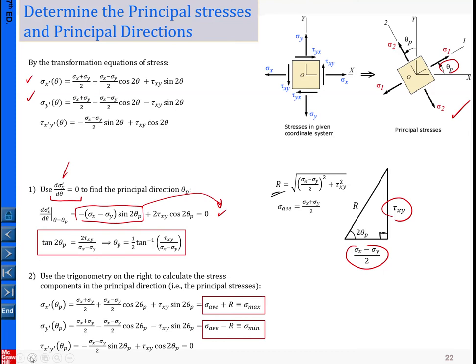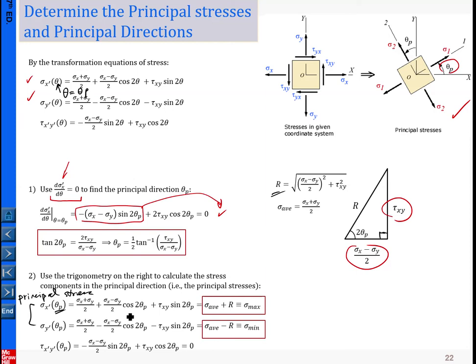Once we have determined theta p, then based upon this triangle we know the orientation theta p. Right now we simply introduce theta equal to theta p and calculate the corresponding stress elements. Because we have utilized theta p, basically here we calculate the principal stresses.